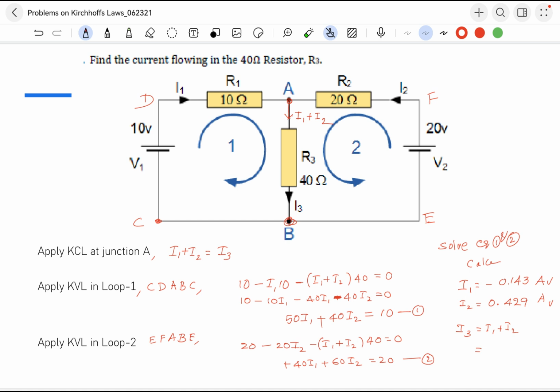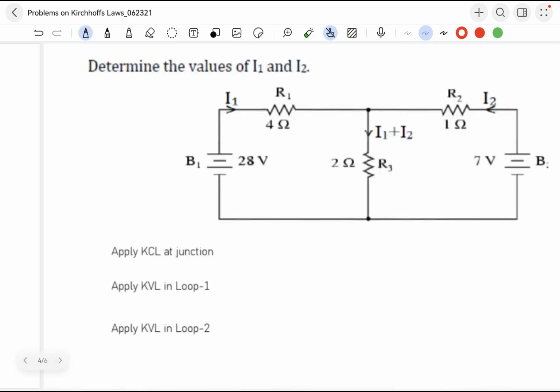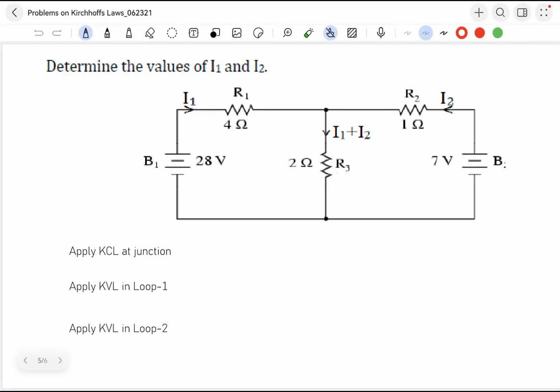The answer is 0.286 ampere. This is the answer. Easy. In the same way, we can do this problem.